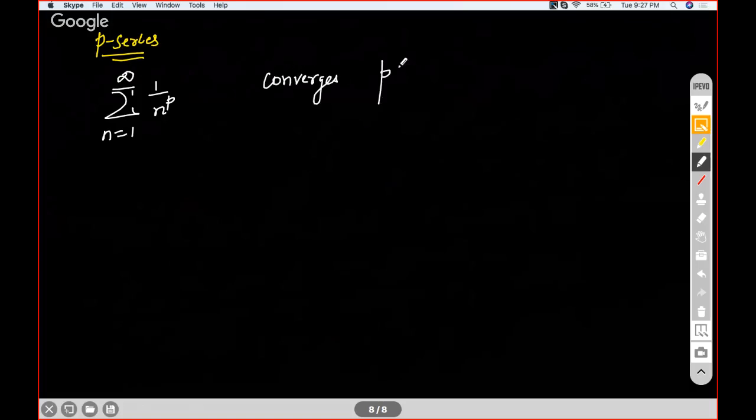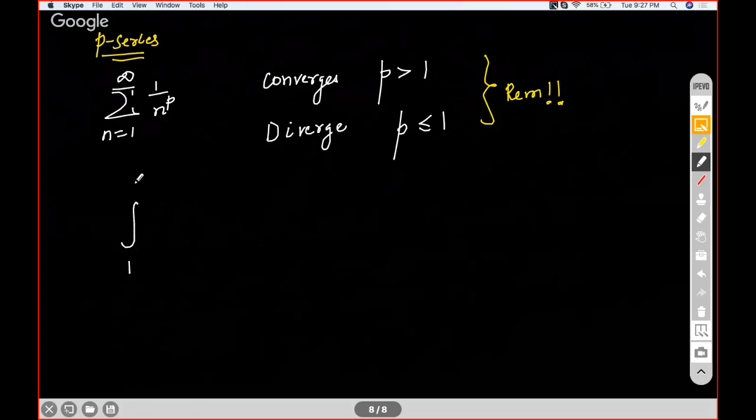Any p-series like this, where n goes from 1 to infinity, converges if p is greater than 1 and diverges if p is less than or equal to 1. Remember, we did this in the comparison test.